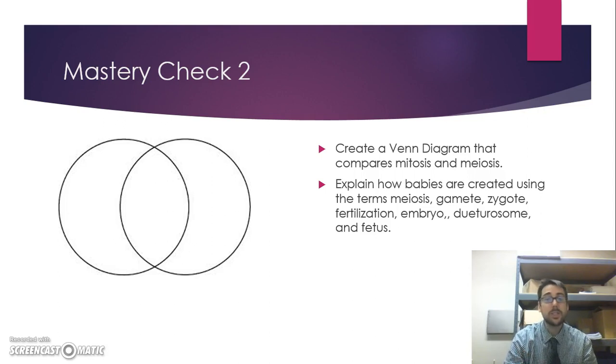Use what meiosis is and explain how it's different from mitosis. Explain what a gamete is and what happens to your gametes during fertilization, what happens after fertilization, and how we develop this fetus into a baby.